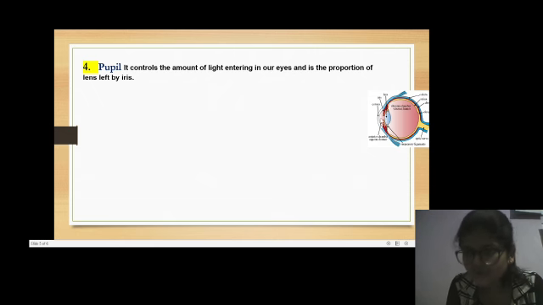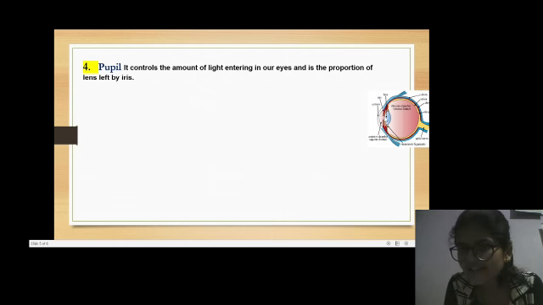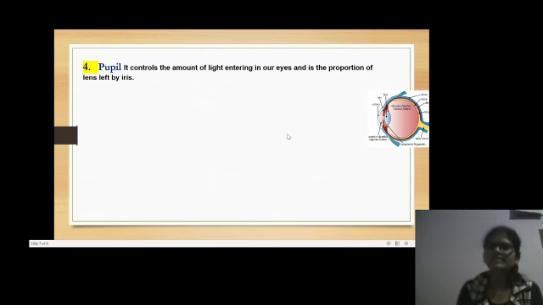I would like to show you that this portion is called pupil, and as we know that cornea allows maximum amount of light to enter into this eye lens, but here the pupil is present, which controls how much light can enter into the eyeball, so that it can prevent any damage to eye lens.